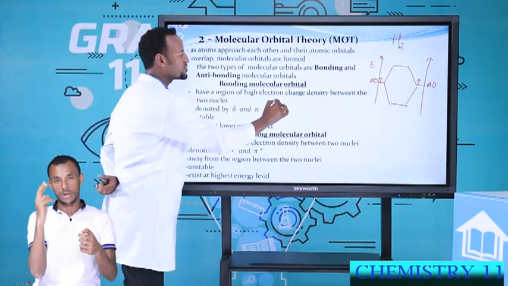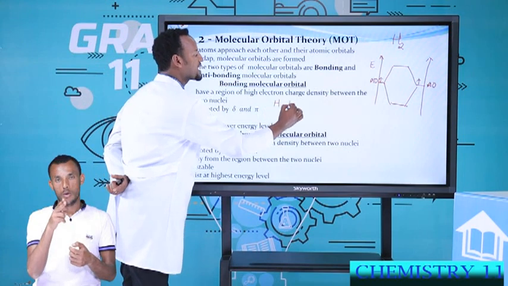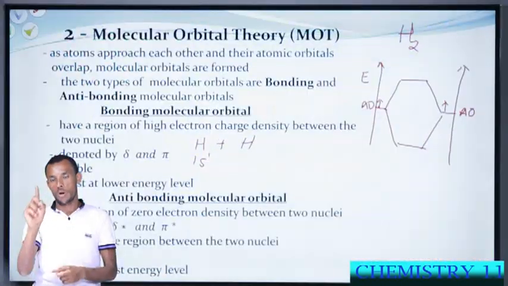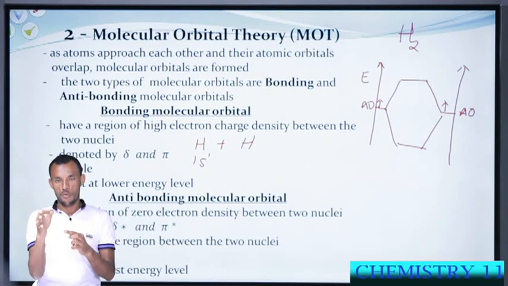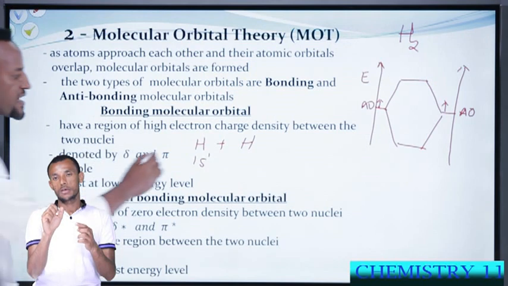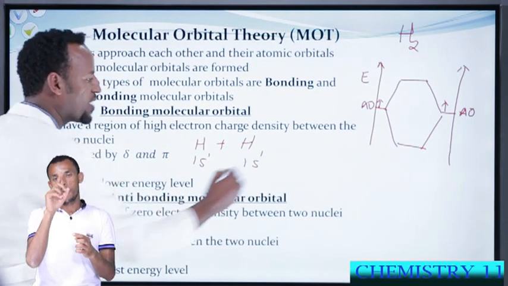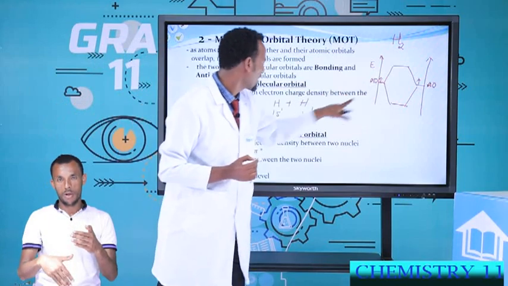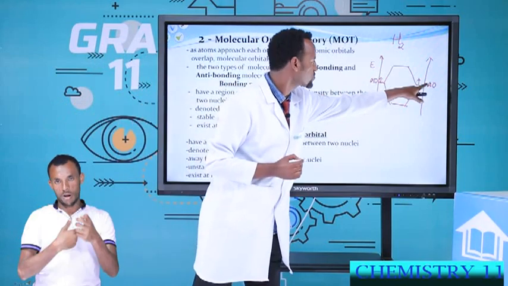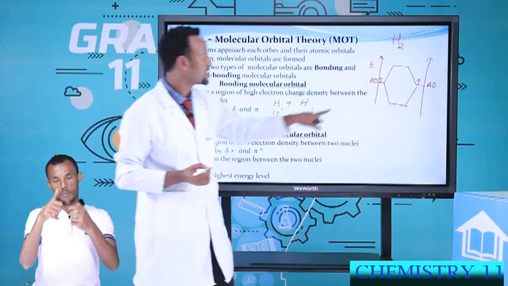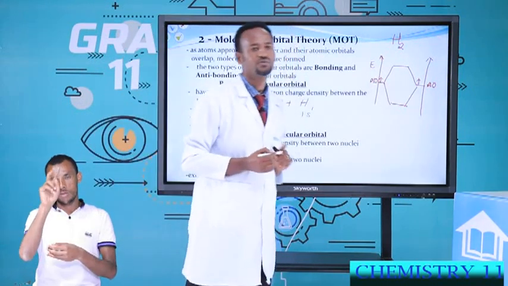Because let's take hydrogen, which is 1s1. The shape of the last subshell of hydrogen is what? S. What is the shape of s? Spherical. Another hydrogen, 1s1. This is one electron. Another one electron. These two are what? Atomic orbitals. How many atomic orbitals? 2 atomic orbitals.